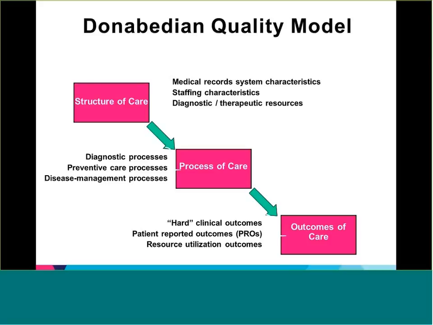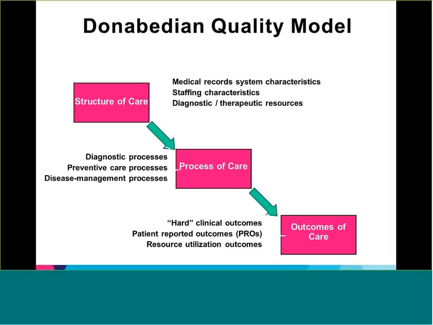And then, of course, there are the outcomes of care, and these can be hard clinical outcomes in some illnesses. We'll use cancer as an example, either recurrence of cancer or remission of cancer. And certainly these are the kinds of things that we like to abstract as well into the IBD world. So is the disease active or isn't it? Are patients having surgery or not having surgery, missing work, not missing work?